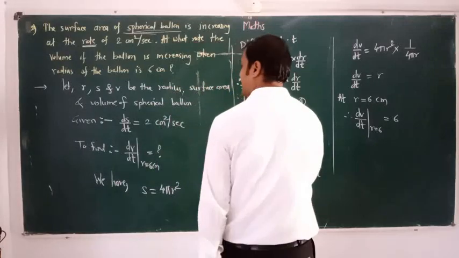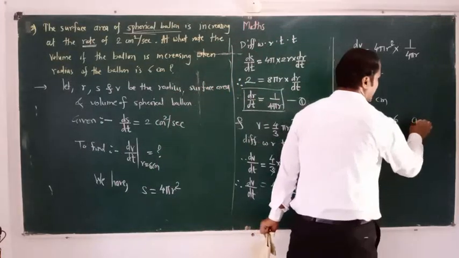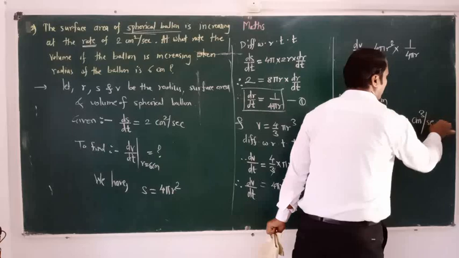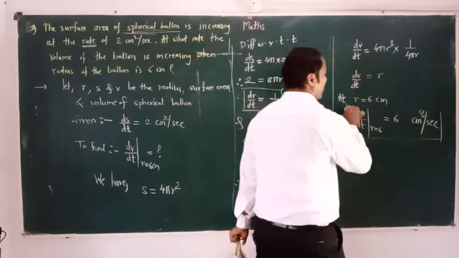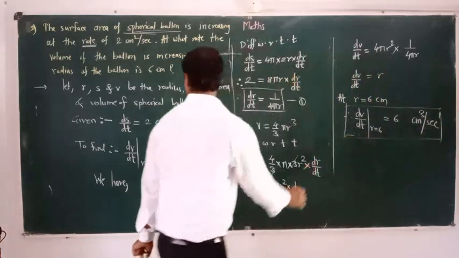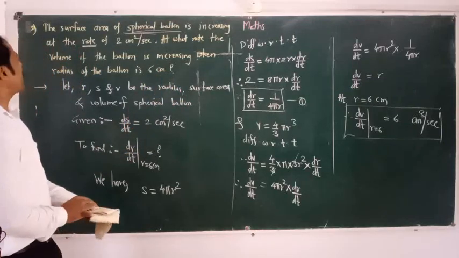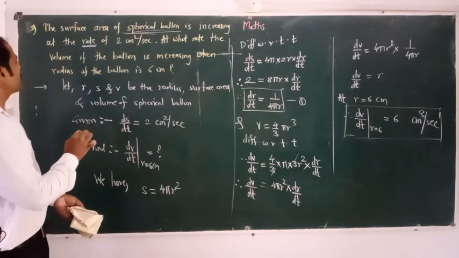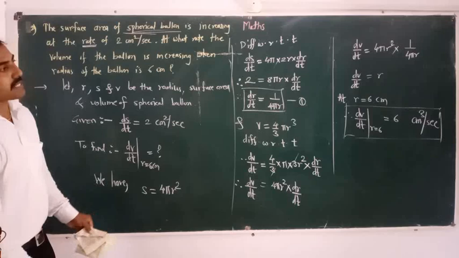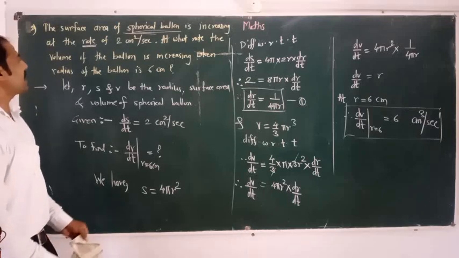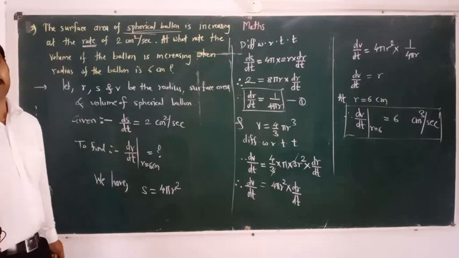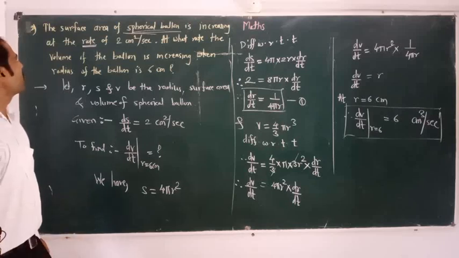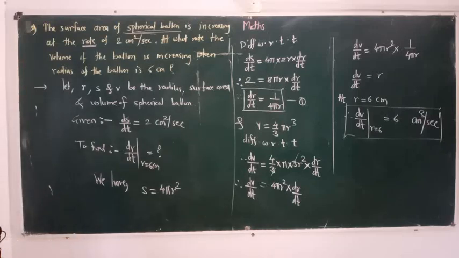The unit is centimeter cube per second. This is dV/dt, which is required. The rate of increase of volume of the balloon is 6 centimeter cube per second when the radius of the balloon is 6 centimeter. Now we move to our next example.